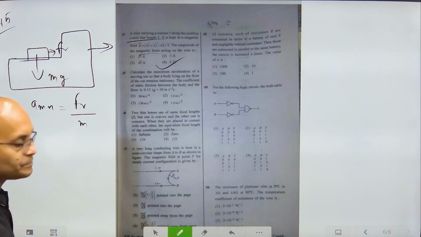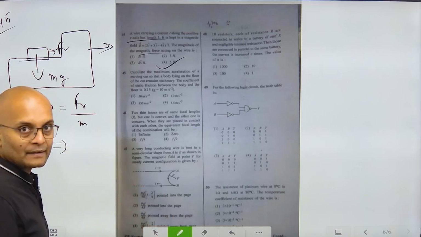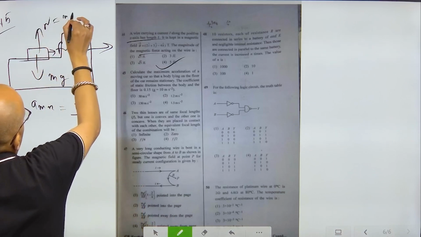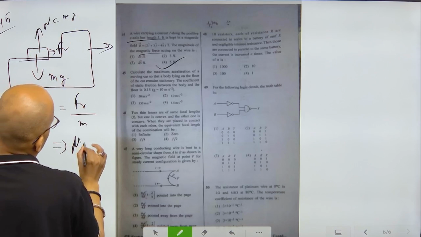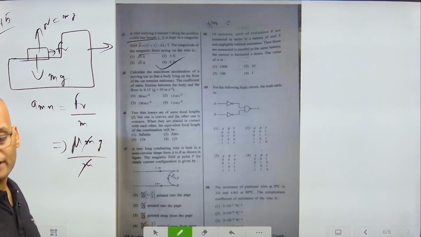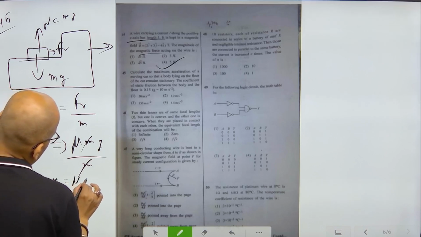Frictional force is mu N. N is the normal reaction, equal to mg. So mu into mg upon m, m cancelled out, mu into g. So A max comes out as mu g.